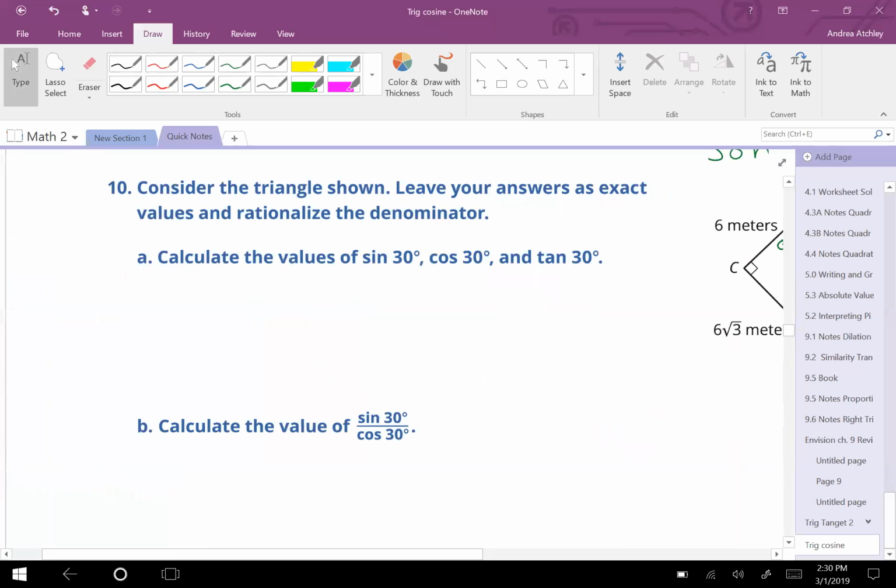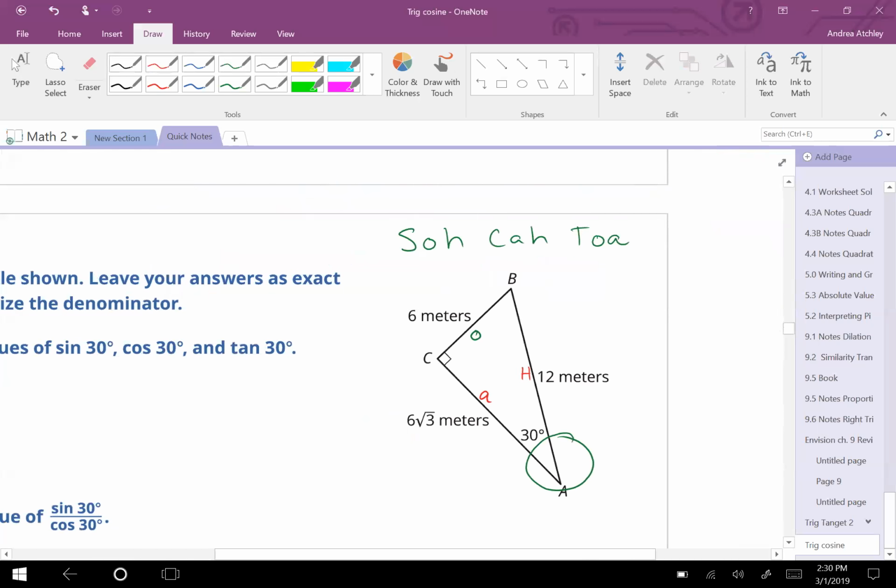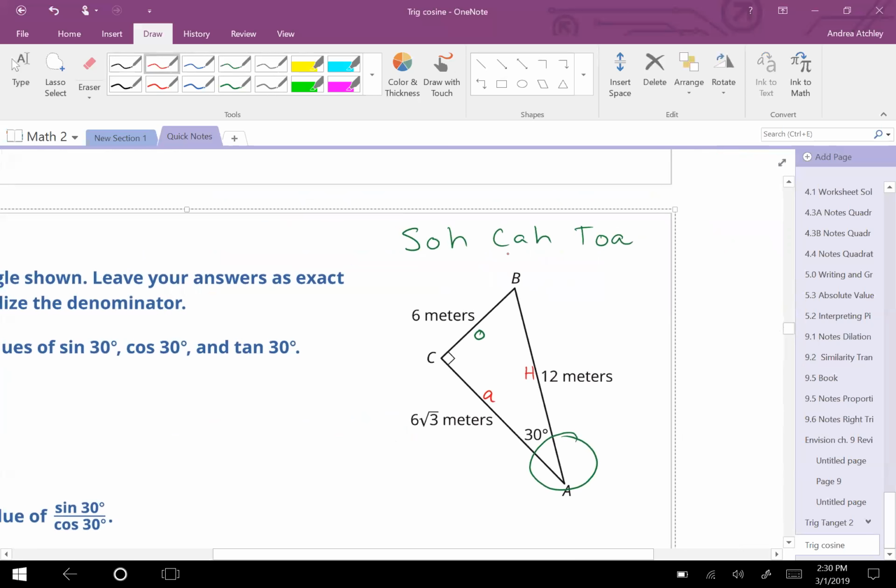Okay, I'm going to do the cosine. The cosine of 30. If I go back over here, cosine is the C, so it's A over H. So 6 radical 3 over 12.